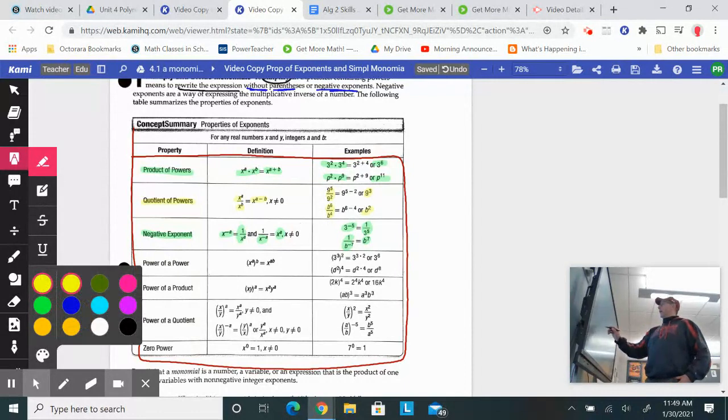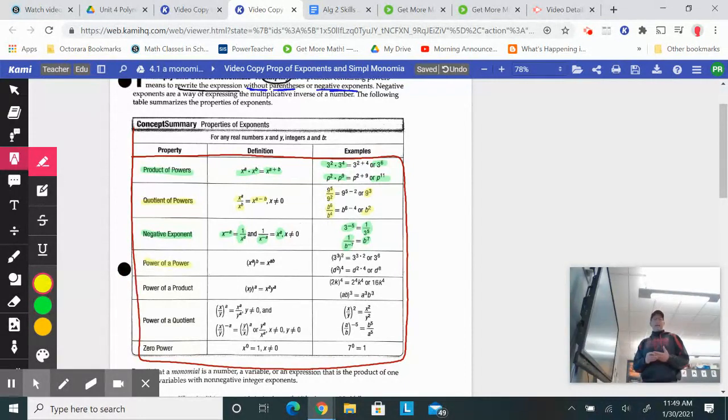All right, power of a power is just what it says. You have an exponent, you have another exponent. So you have x to the a to the b. You just multiply the two exponents together. Again, look at the examples. Power of a product. So you have something being multiplied in a group, and then you raise it to a power.